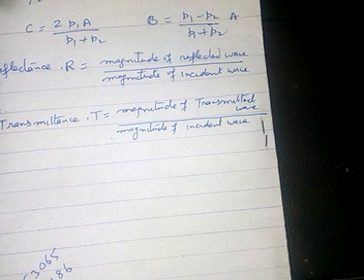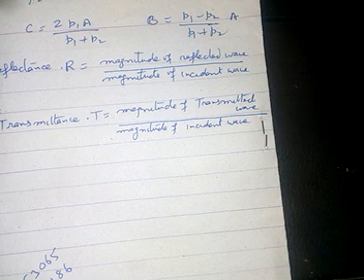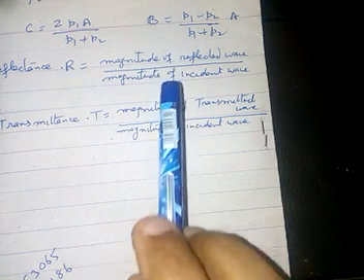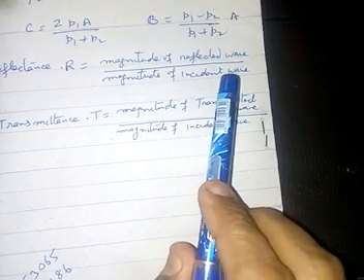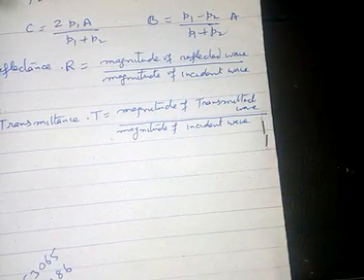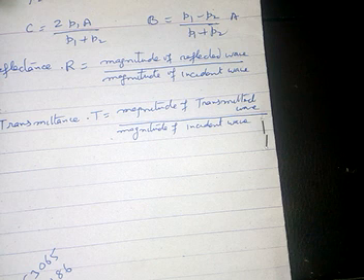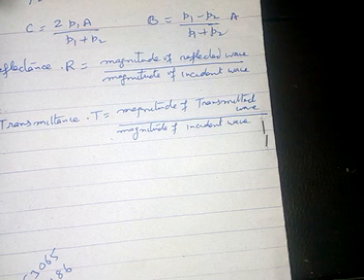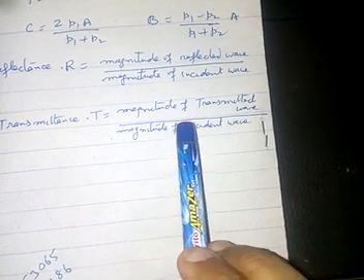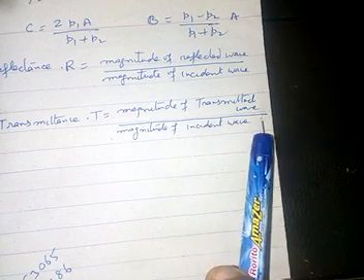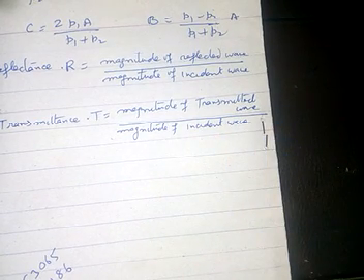So we can write reflectance R as the magnitude of the reflected current upon the magnitude of the incident current, and the transmittance, that is the fraction of electrons transmitted, is equal to the ratio of transmitted current to the incident current. So transmittance T is equal to the magnitude of the transmitted current upon the magnitude of the incident current.